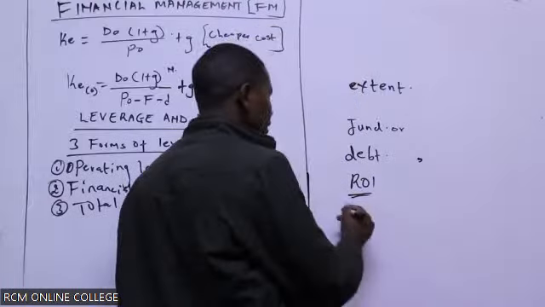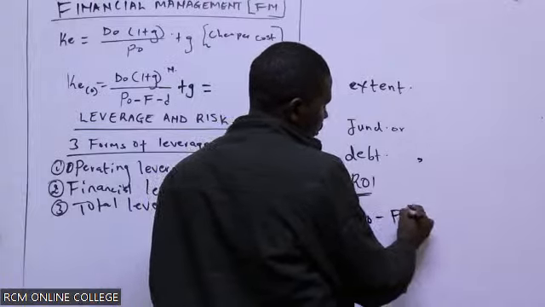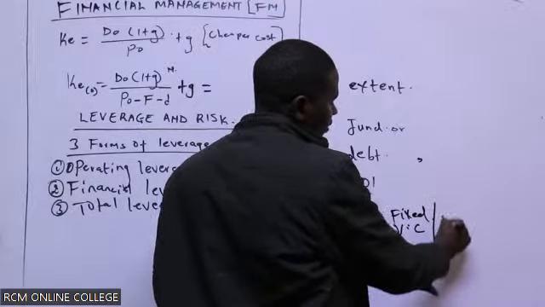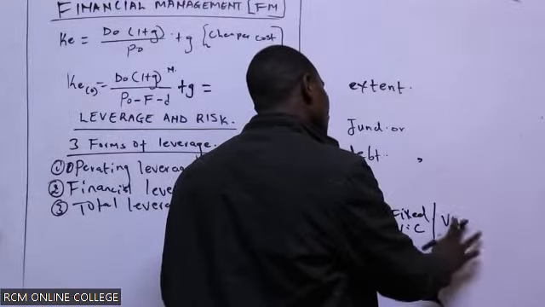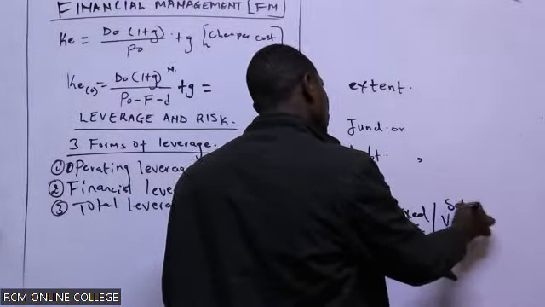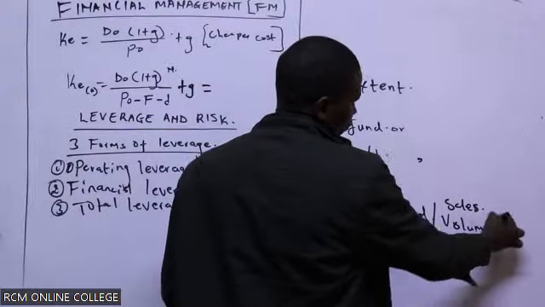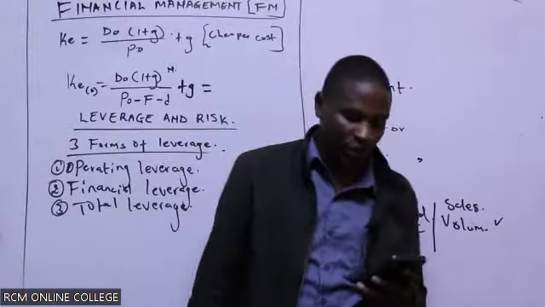So you're looking at the ratio of fixed cost and variable cost, and then there is a sales volume somewhere. So those are the terms we shall be looking at.